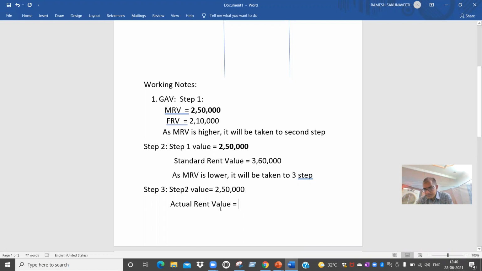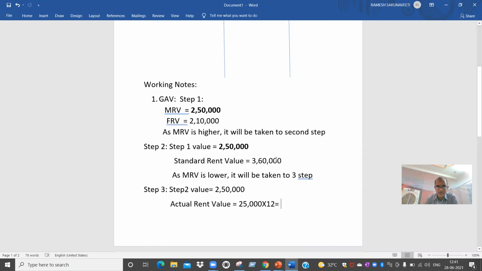What is the actual amount every month, how much is he paying you? 25,000 he is paying every month. So into how many months do you have to take? 12 months. This is outstanding rent only. Outstanding means he has to pay. He will pay in the next month. But here you have to take it into consideration. Please remember. So 25,000 into 12, how much does it come?